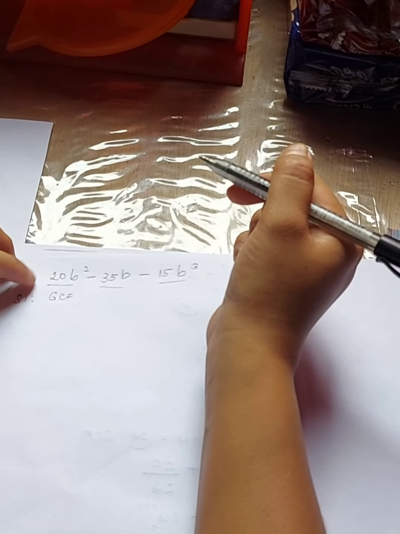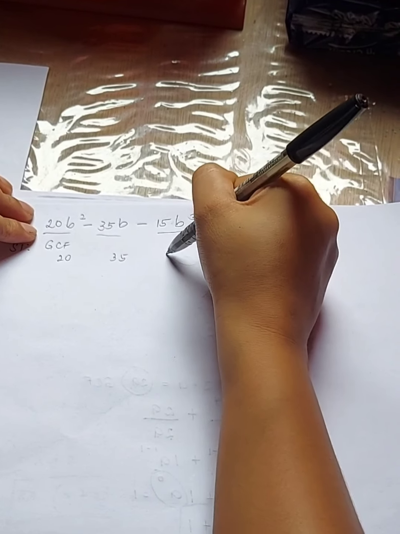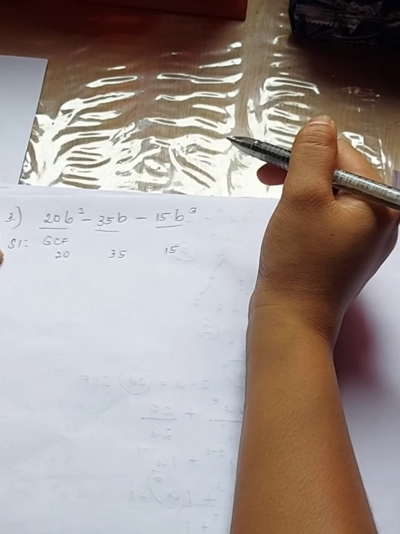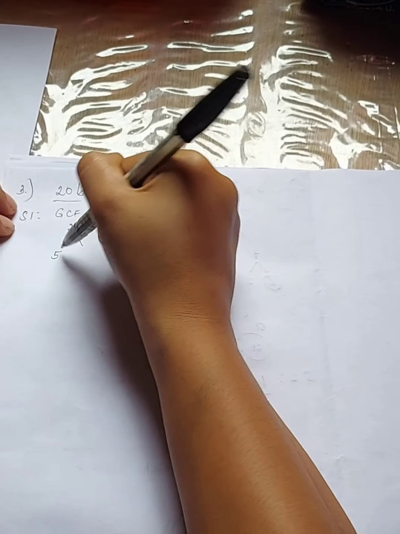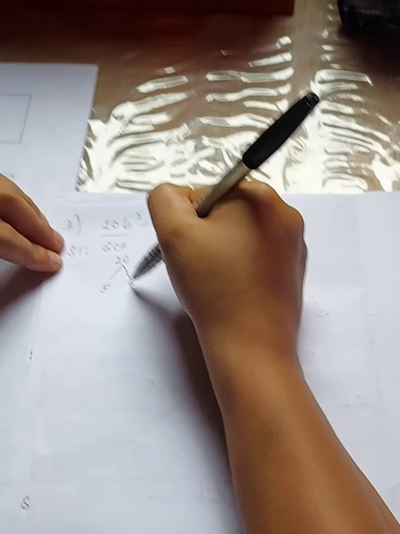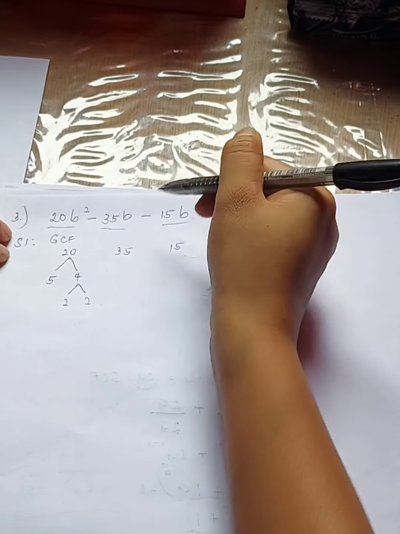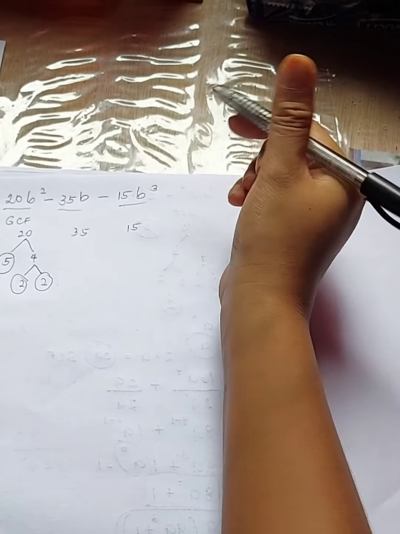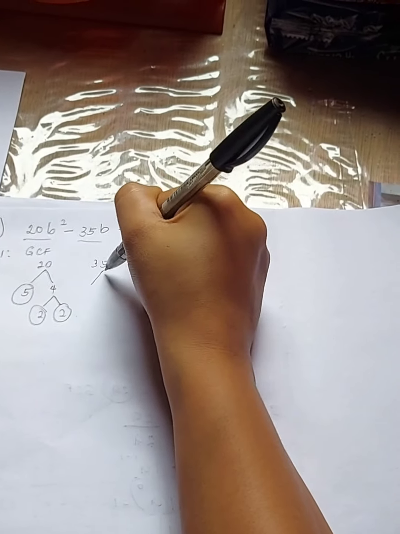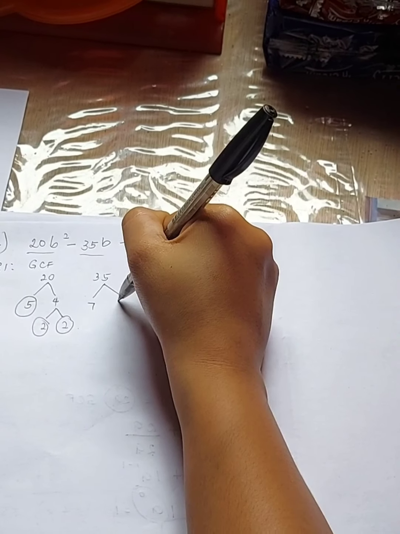Factor the numerical coefficients. We have 20, 35, and 15. Using the prime factorization, 20 can be factored to 5 and 4. And then 4 is still factorable. That would be 2 times 2. And these are the prime factors of 20. And then 35 can still be factored to 7 and 5.